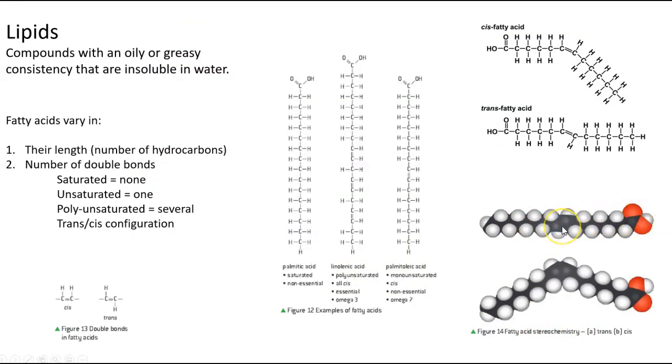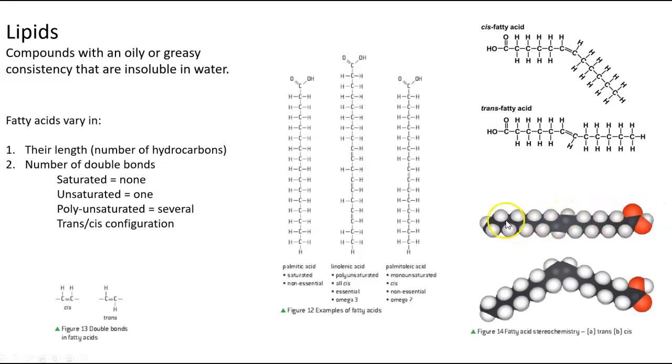Trans fats are rare in nature, but they form if we, for example, try to harden oils, for example in cookies and so on. We form these trans fatty acids when we try to harden fats. But I think we're much better at removing them now.